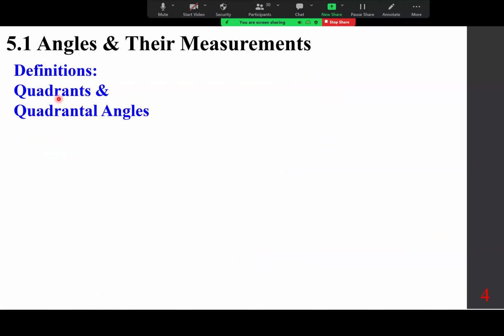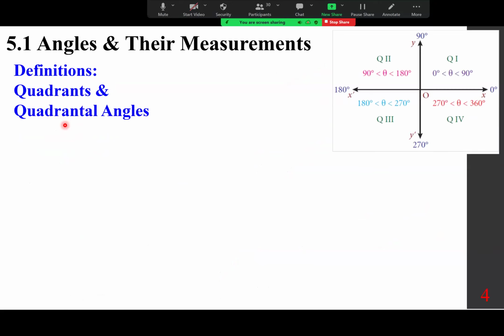Definitions, quadrants and quadrantal angles. So as you look at the rectangular coordinate system, where x and y are positive is quadrant 1.